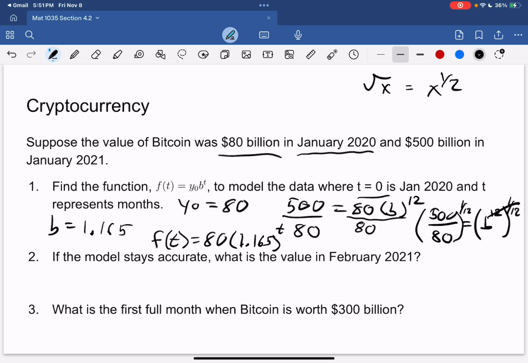January of 20 was 0 months. January 21 was 12 months, so we're 1 month past that. So we're going to look when t is 13.